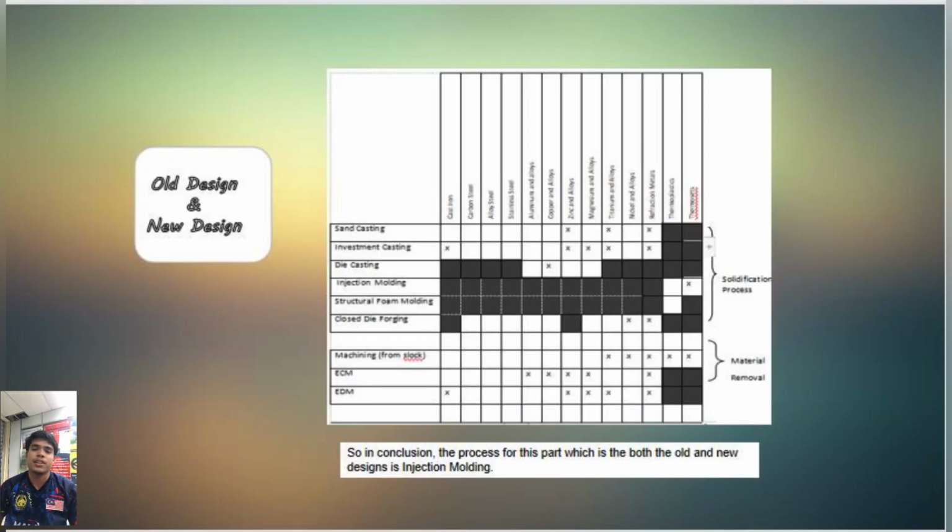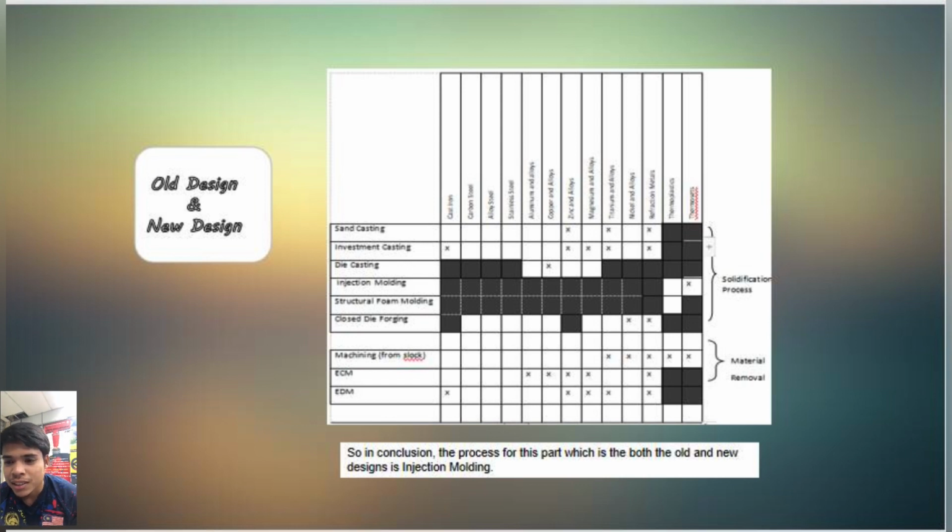Final process for all design and design simplified is soon. And I choose the thermoset for this material, suitable material, because this part uses the rubber material, and so especially the machine process is not suitable.